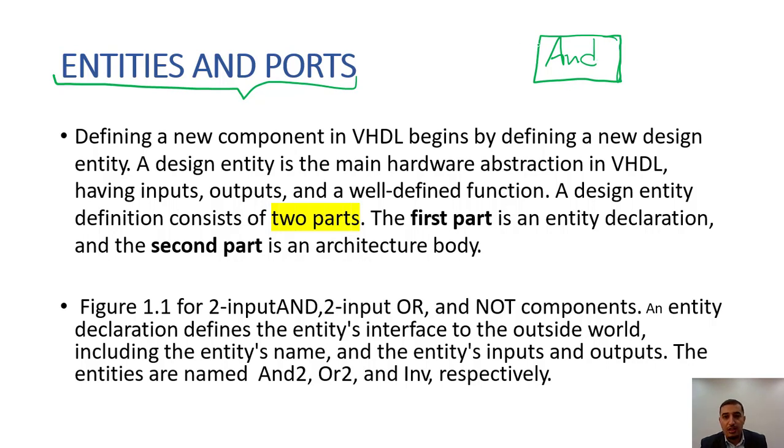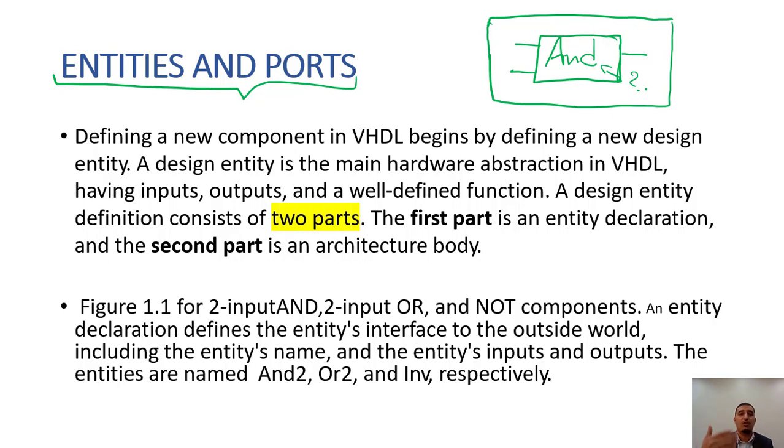So what are the ports? It will have two ports, two inputs and one output. Now this is my entity. On the other hand, what is inside here is our behavior, which we are going to talk about later. Now, we define a new component in VHDL by defining its design entity.